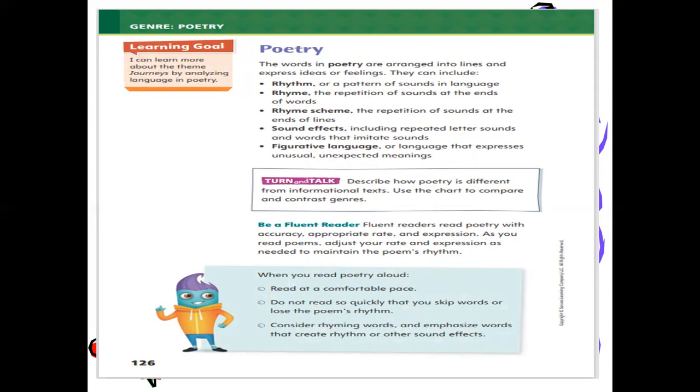The rhyme, the sounds at the end of the words, but the rhyme scheme at the end of the lines. The sound effects include repeated sounds and words that imitate sounds. Different words with the same sound. The figurative language is the language that expresses unusual or unexpected meanings, okay?